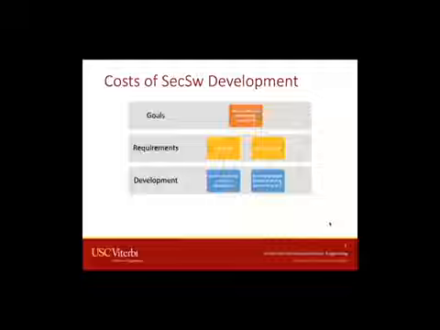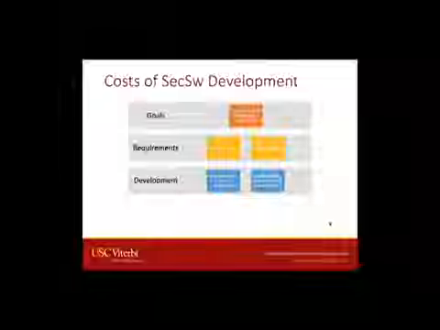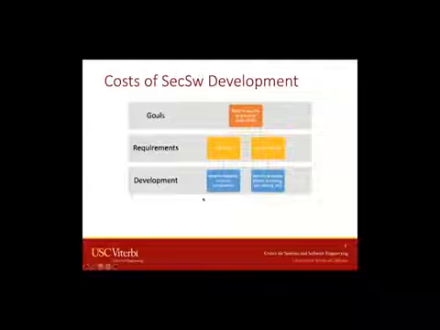So the goal of secure software development is to build in security to preserve the assets. And from this goal, we can derive requirements, both functional and non-functional. So when we talk about functional requirements for security, we are talking about implementing security features or security controls and security components.